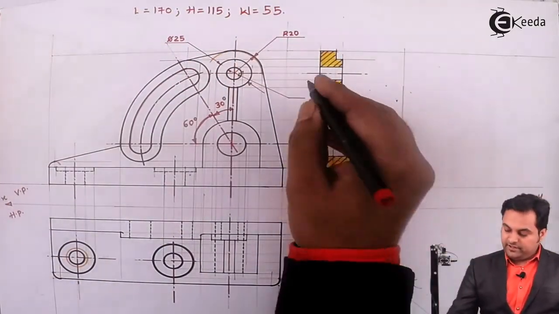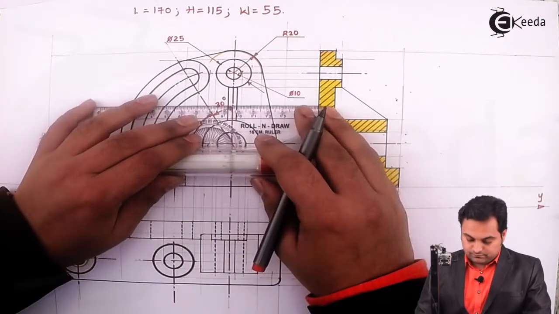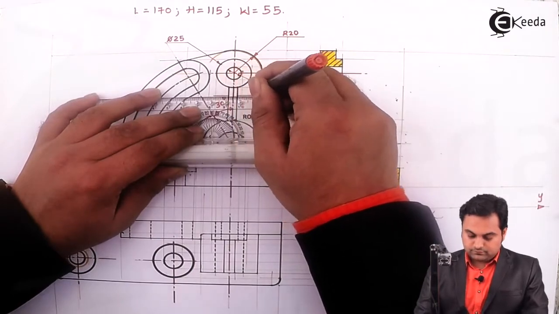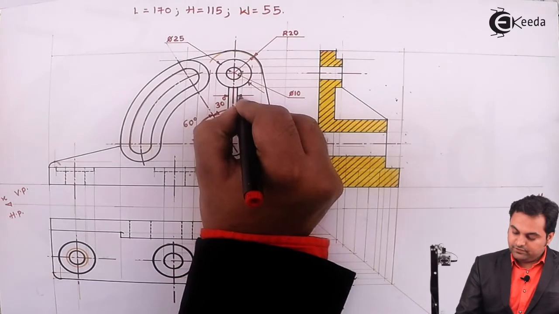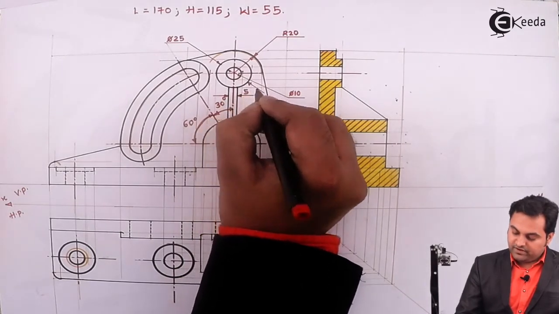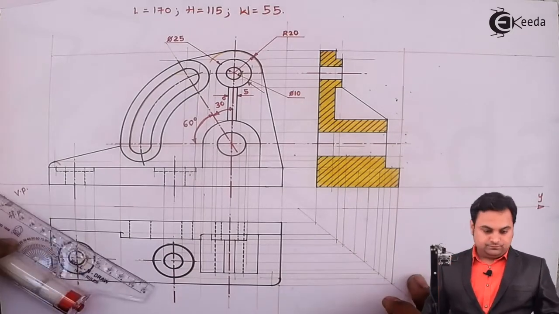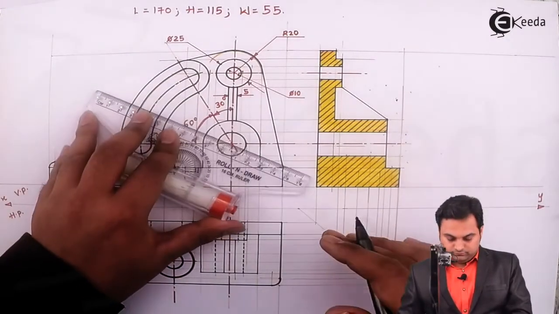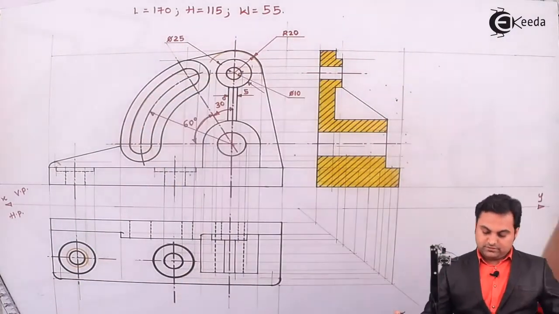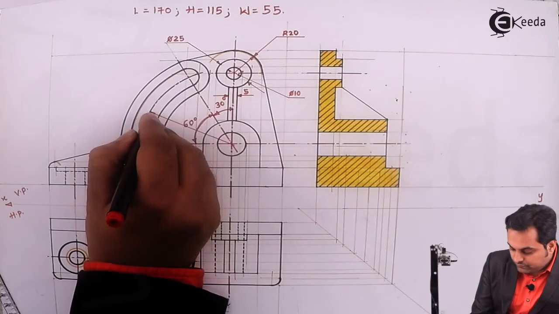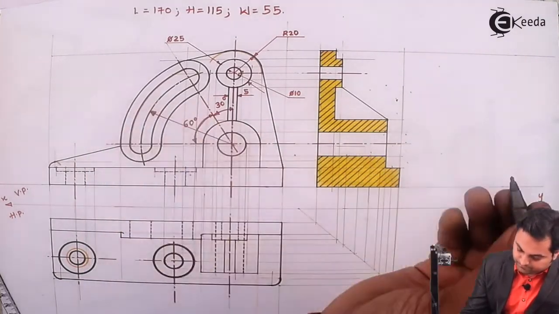Inner circle having diameter 10. Here the width, that is the length of the rib, is 5 mm. Next, this center line was located at a radius of 65 mm.